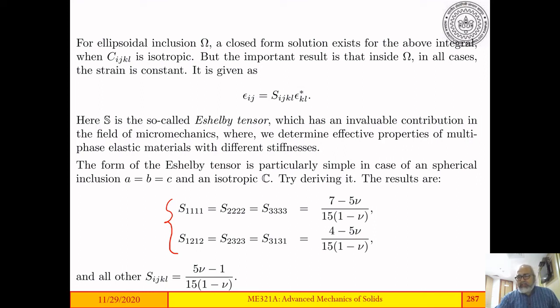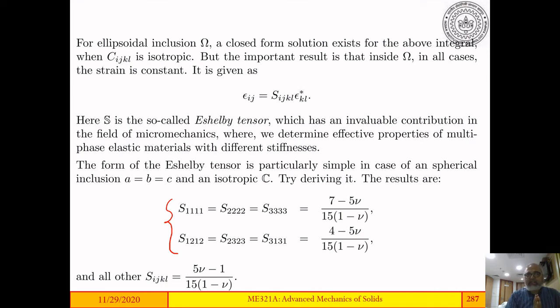So what Eshelby basically showed is that if you take an ellipsoidal particle which is sitting inside a matrix out of the matrix, leaving a hole in the matrix, then impart an epsilon star, so the particle grows in size or shrinks in size, and then you apply tractions on the boundary of the particle to bring it back to its original shape and fix it inside that hole.